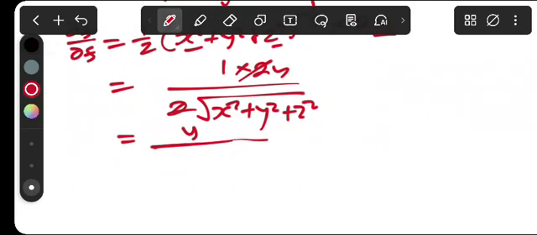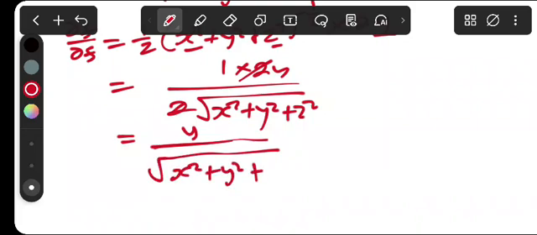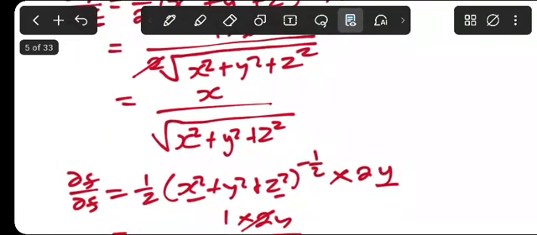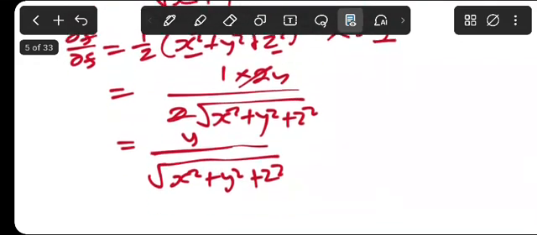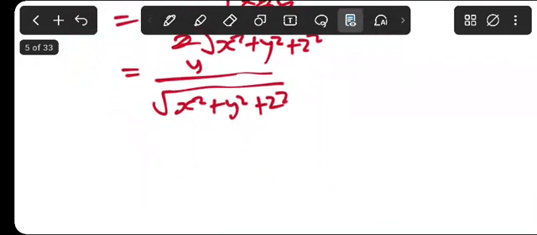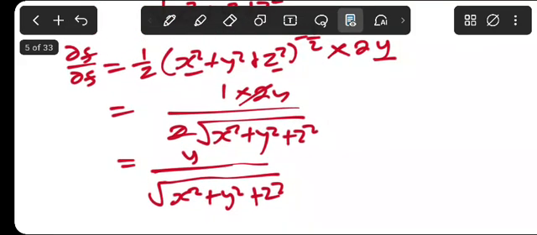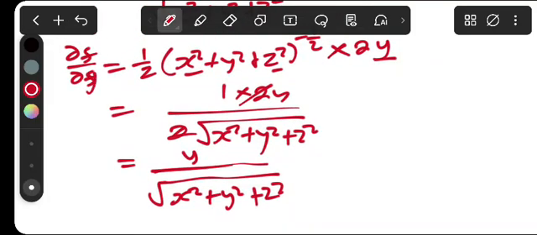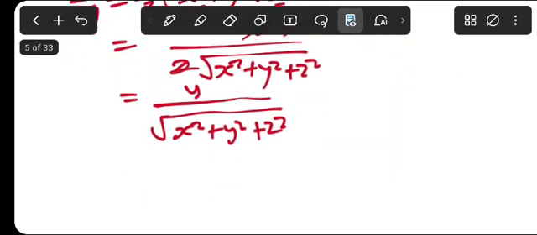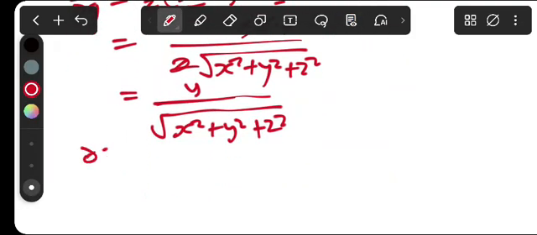The first one was x over the square root of x squared plus y squared plus z squared, here it's y, and similarly the one for z is z over the square root.